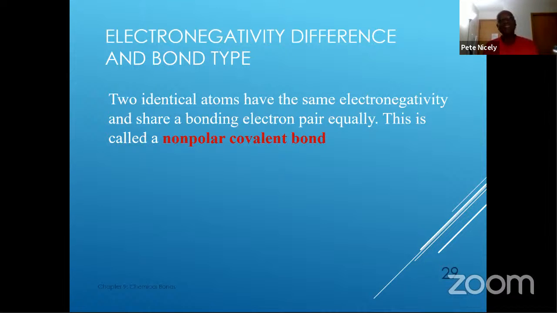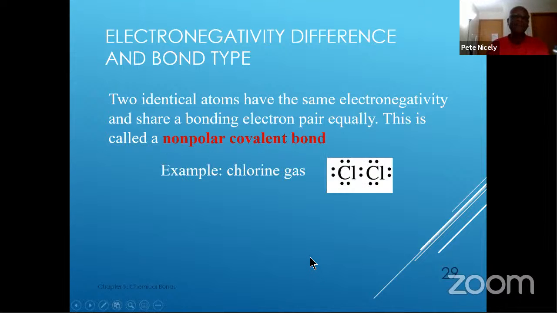So if you have two atoms, like for example, 2 chlorine atoms or 2 hydrogen atoms, then when they form a molecule, they will have the same level of attraction for the shared electrons, right? So the bond that is formed will be considered nonpolar. So we call that a nonpolar covalent bond, all right?